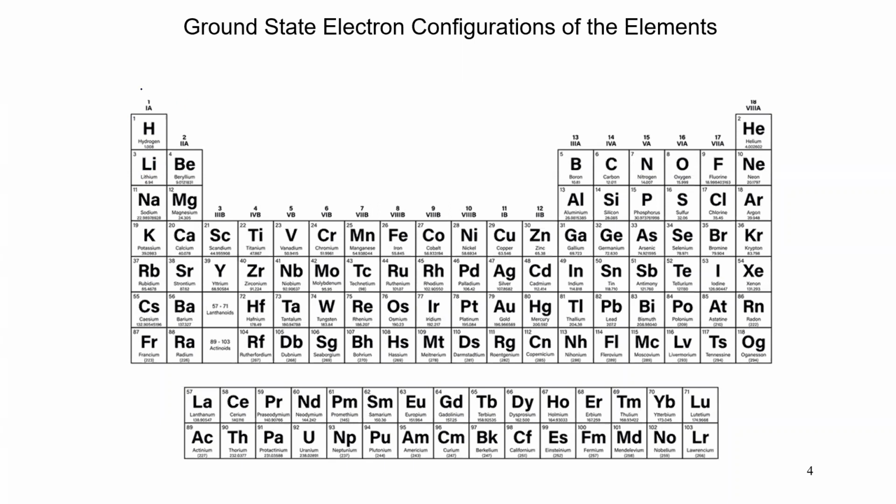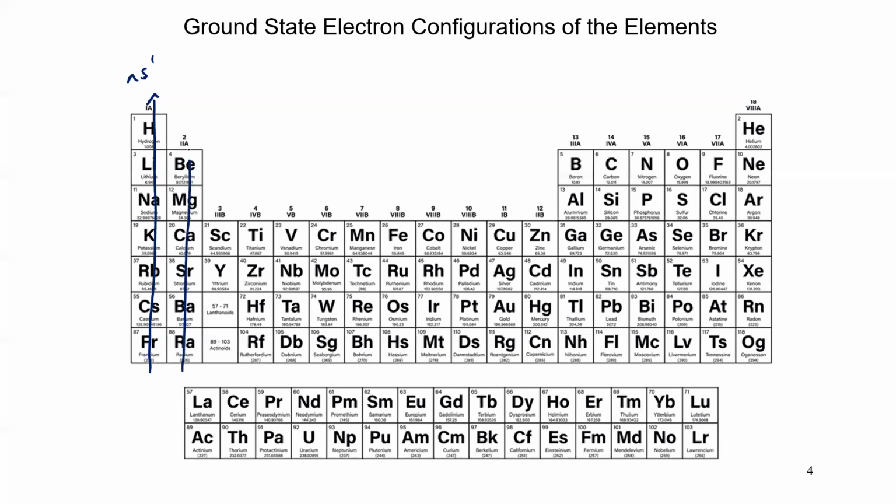And so for this whole group here, they end with whatever period they're in, s1, right? So the principal quantum number for whatever period they're in, s1. So hydrogen, 1s1, lithium, 2s1, sodium, 3s1, potassium, 4s1, right? That's the last bit of their electron configuration.